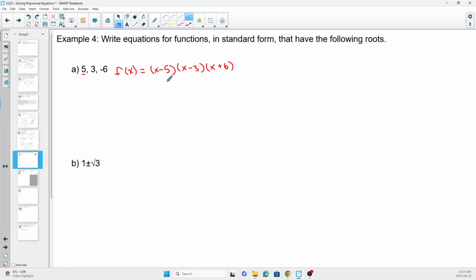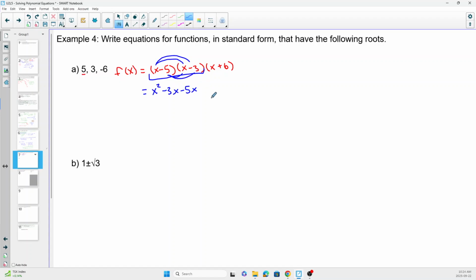So different ways you guys might have learned it, the FOIL method, the rainbow method, but the best way to do it is to look at just 2 binomials first and say, okay, I'm going to do my first, outside, inside, last. So I've got x times x, which is x squared. Then I've got x times negative 3, which is negative 3x. Then I have negative 5 times x, which is negative 5x.